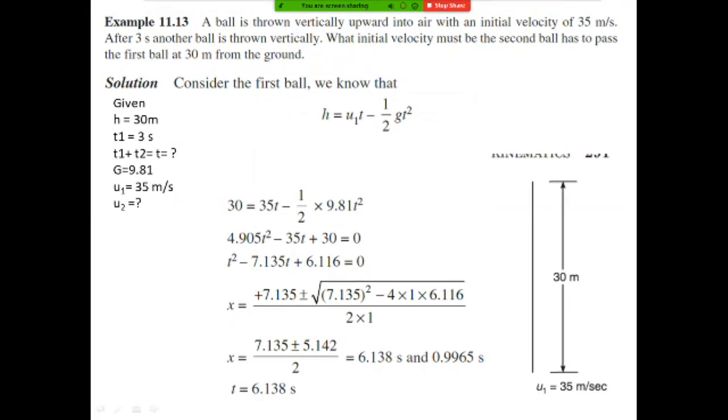You have this equation, so I substitute these a, b, c values. So b is this one, and b square minus 4ac, where a is 1, t subscript 1. This works out to be 6.138 seconds. To reach the height 30, ball 1 requires this time.